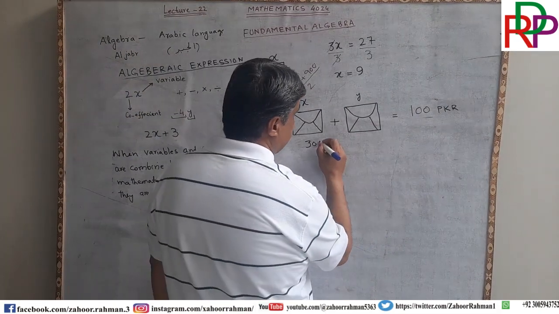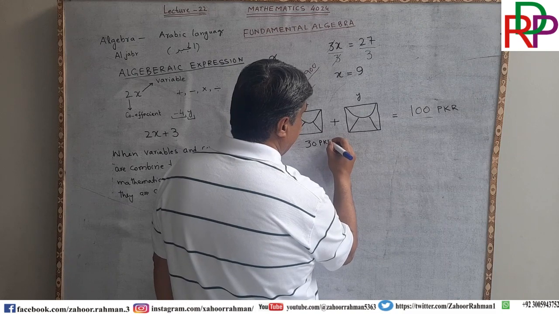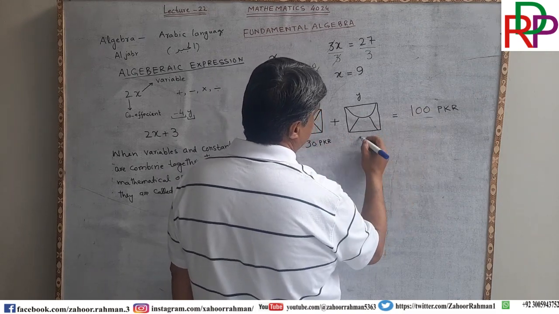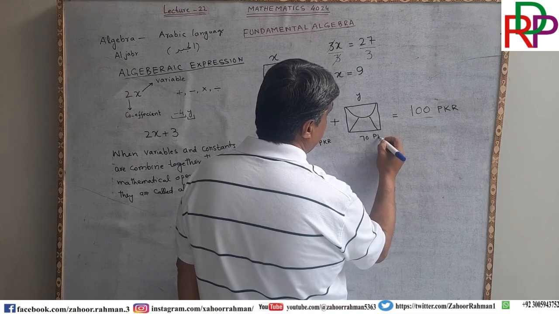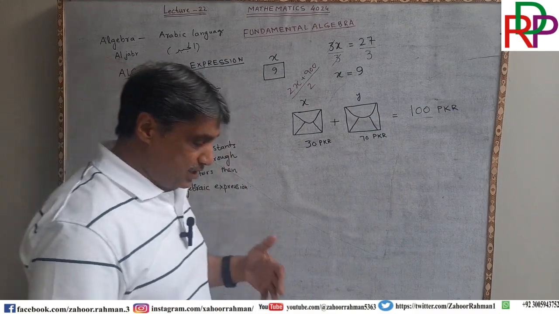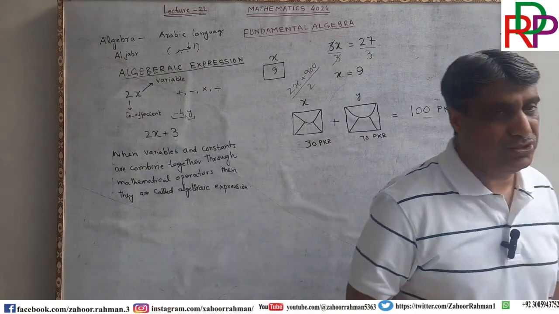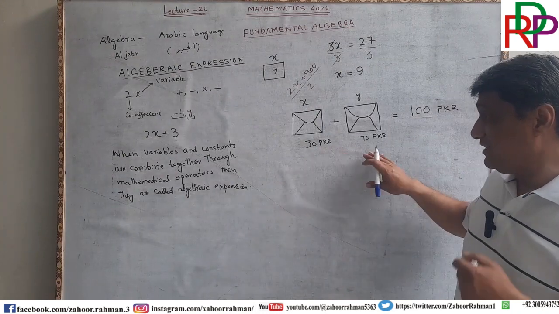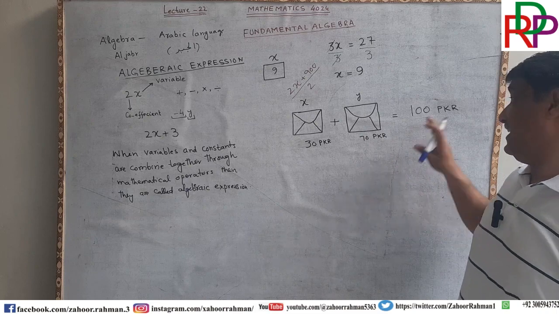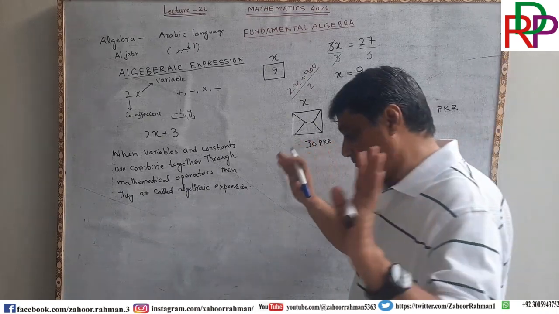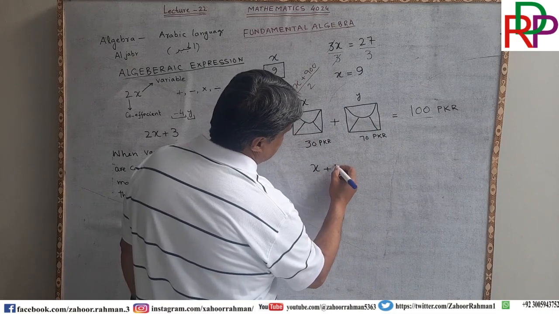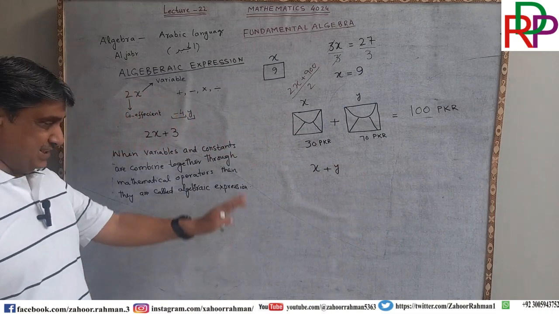So this will be 30 Pakistani rupees, and then we have to find 100 minus 30, so it will be 70 PKR. So if a condition is given to you and you are finding the values of this, then it means that you are using algebra. Now let us make an expression, x plus y. This is an expression.